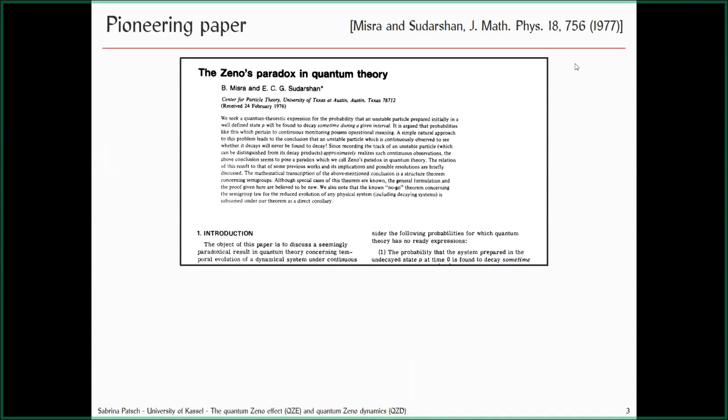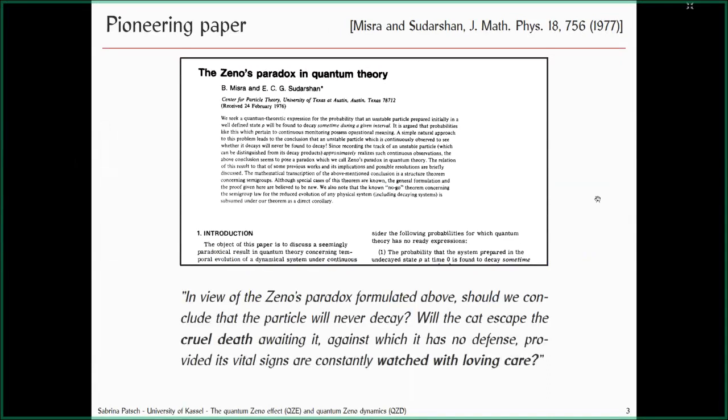And I think the paper is quite amusing because it has this charm of making fun of cats all the time. So for instance, this is a quote from the paper, and it says, will the cat escape the cruel death awaiting it, against which it has no defense, provided its vital signs are constantly watched with loving care? So it's quite amusing to read the paper.